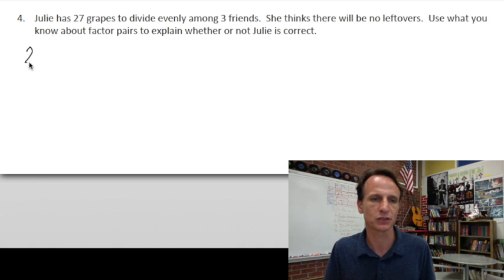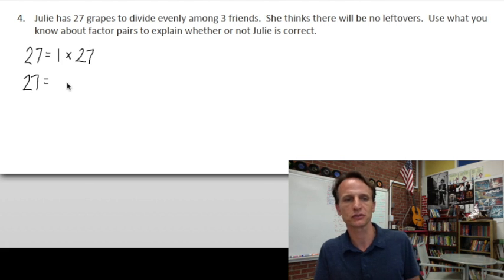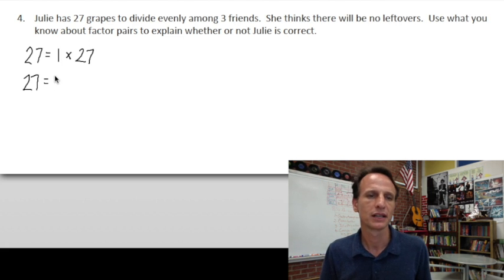Well, let's take a look here. So we know 27 is, first and foremost, 1 times 27. Always start there. And we did this earlier, so you perhaps recall, or can figure out now, what else can we multiply to get 27? What other factors of 27? What's another factor pair? Yes, 3 times 9.